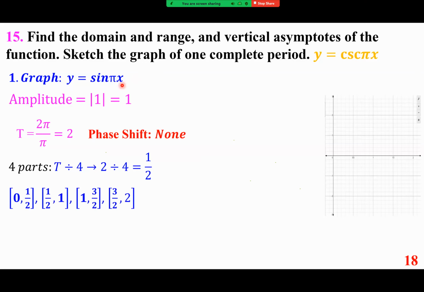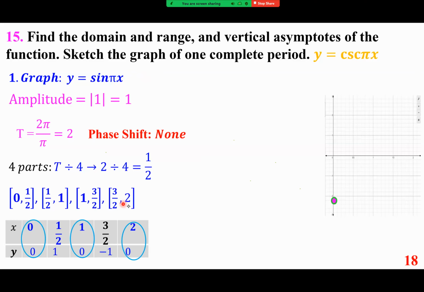If I plug in 1/2, it's pi over 2, which makes it 1. If I plug in 1, sine of pi is 0, so on and so forth. So plug in 0, 1/2, 1, 3/2, and 2, and there is no vertical shift. Those are the points here. These are the max and min, and that's the graph of sine.